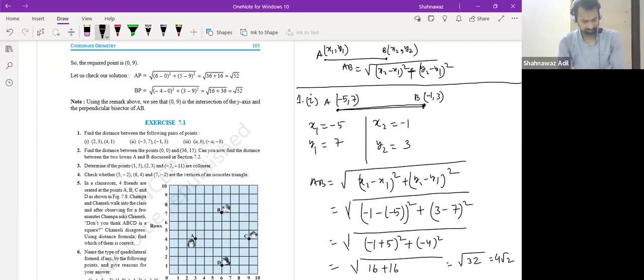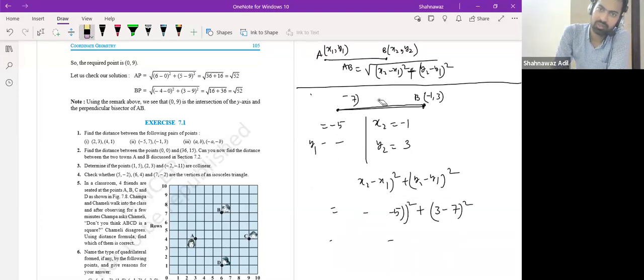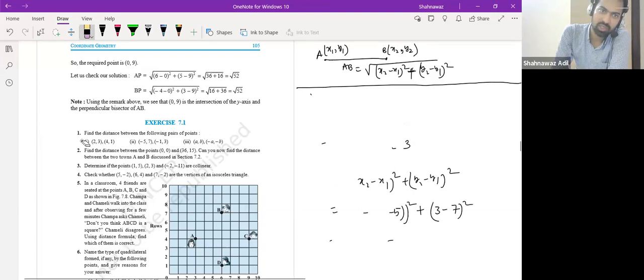Did you guys note it down? Yes, sir. Now the third problem, the first and third part are the same, right?